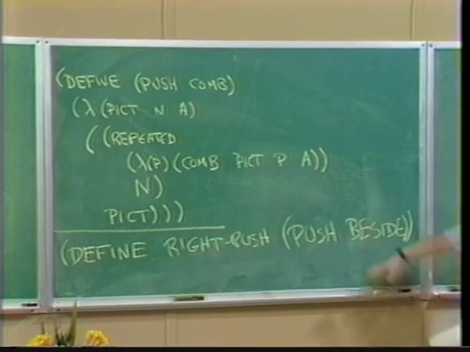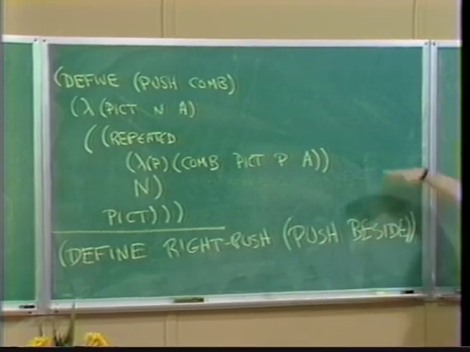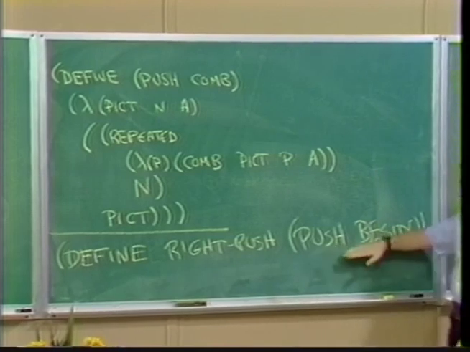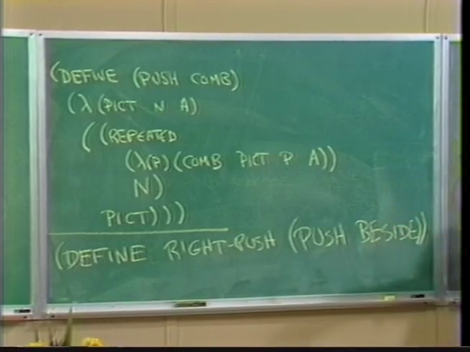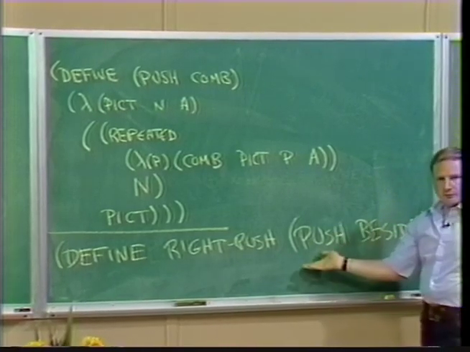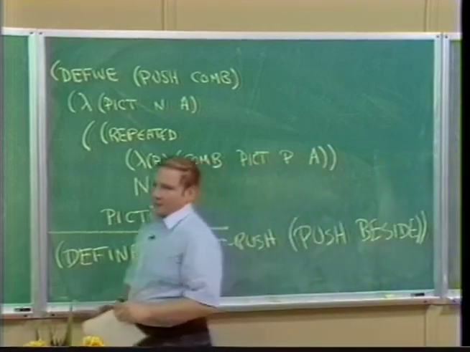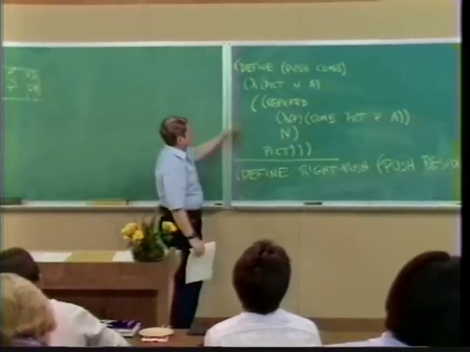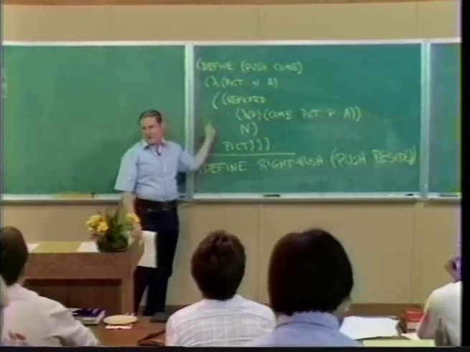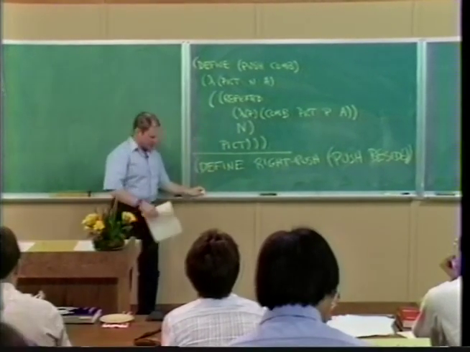Or if I said define up push to be push of above, I'd get the analogous thing, or define corner push to be push of some appropriate thing that did both the beside and above, or I could push anything. Anyway, if you're having trouble with lambdas, this is an excellent exercise in figuring out what this means. Okay.